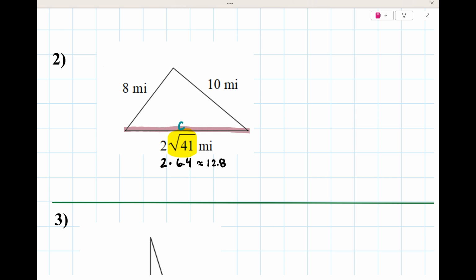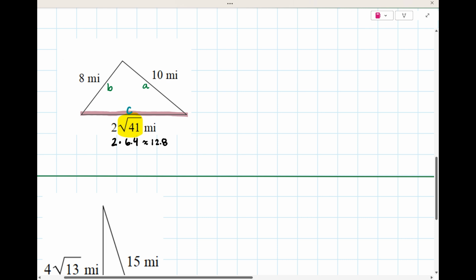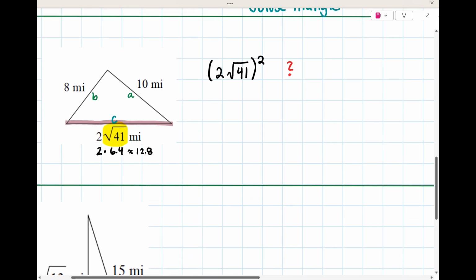And once again, it doesn't matter which side you assign as your a or your b. We're going to set up our equation or inequality. Again, question mark because we don't know if it's going to be greater than, less than, or equal to.